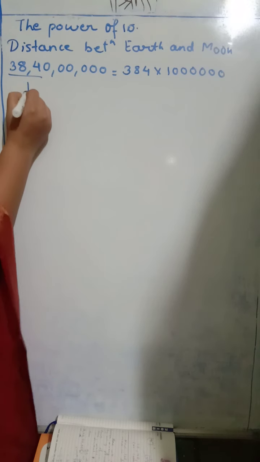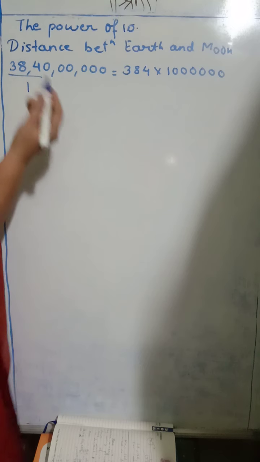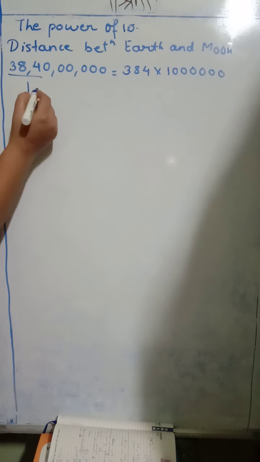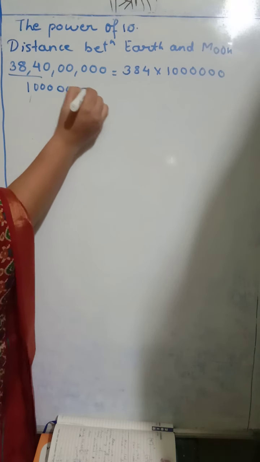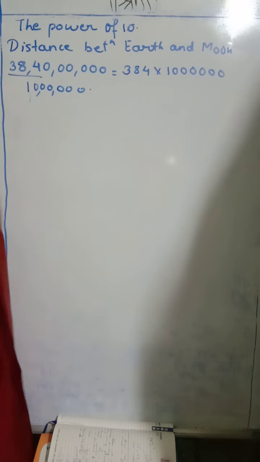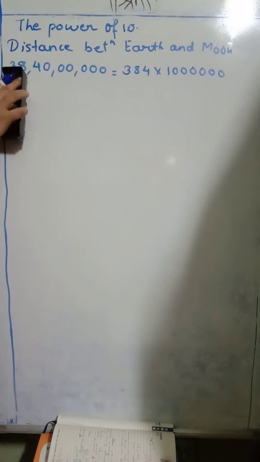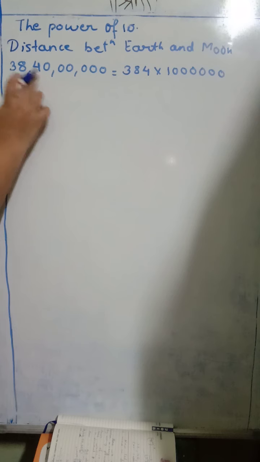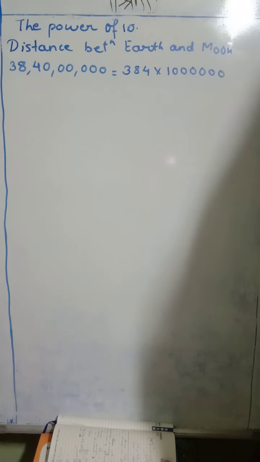In place of this I wrote 1. 384 into 1, will I get 384 only? So for this one I added the 6 zeros, so it became 10 lakh. So we can write 38 crore 40 lakh as 384 into 10 lakh.